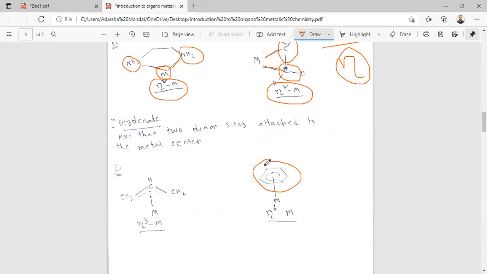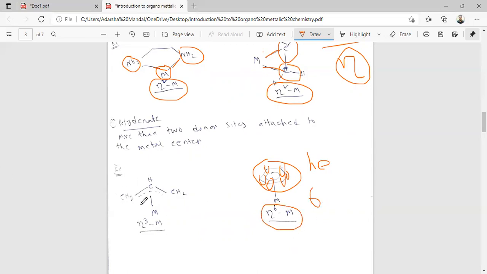It has a total of 6 carbon atoms, so it will donate its pi electrons to the metal center via all 6 carbon atoms. So the hapticity of benzene is 6, and it is denoted by eta 6.